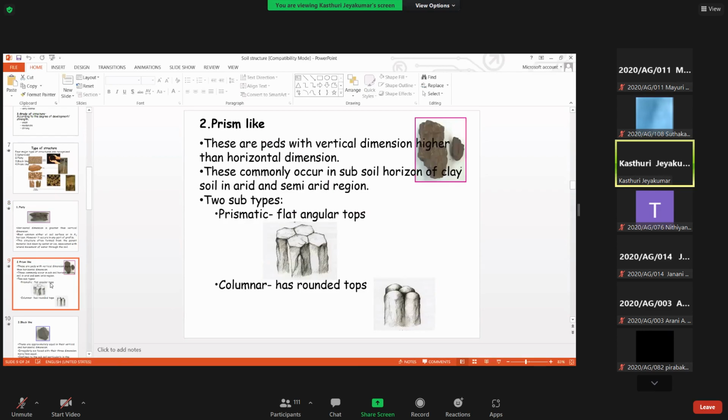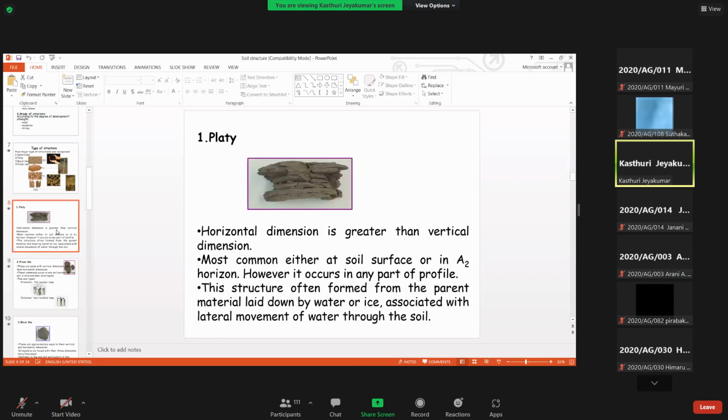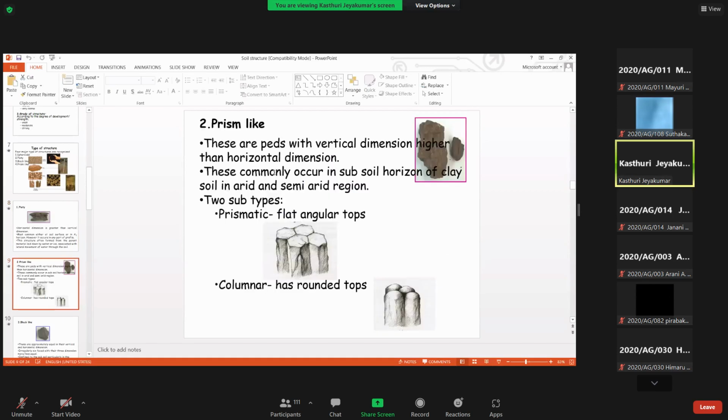In prism-like structure, vertical dimension is higher than horizontal dimension. You can observe platy-like structure more in the subsurface and A2 horizon, and prism-like structure in the subsoil horizon. Likewise you have to answer.